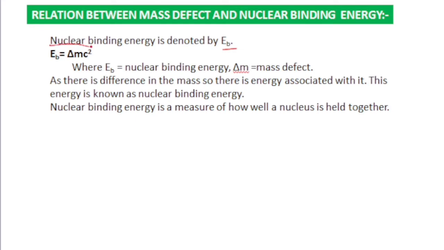So nuclear binding energy is given by EB equals delta M C square, where EB is nuclear binding energy and delta M is mass defect. As there is a difference in mass, there is energy associated with it. This is known as nuclear binding energy. It is only due to the difference in mass of nucleons and rest mass of the nucleus. Nuclear binding energy is a measure of how well a nucleus is held together, right? Hope it's clear to all of you.